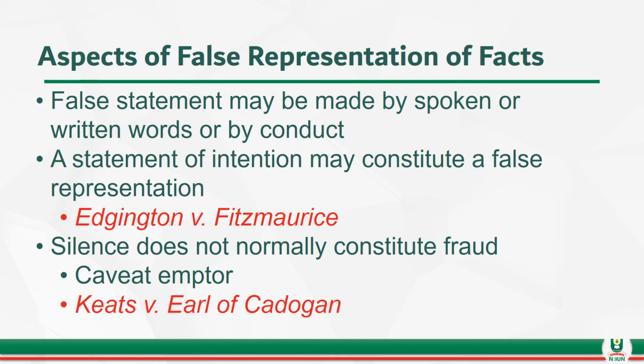He ought to find out. So in Keates and Earl of Cadogan, the issue was regarding the sale of a house, and the fact that the seller did not mention that the house was not in such good condition was not held against the seller, because the buyer ought to have done his own investigation and checked it out before buying.